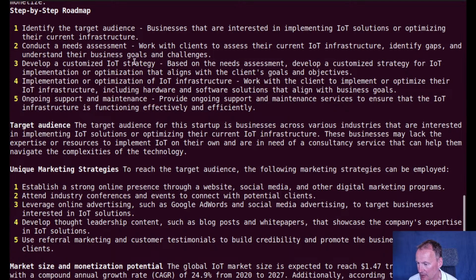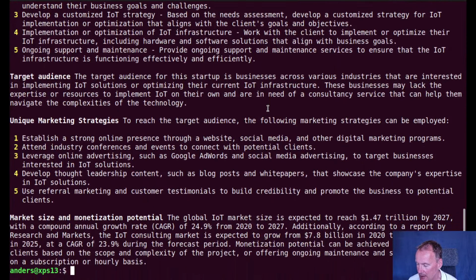Develop customized IT strategy. I would have to say that this is quite basic stuff, or more, it's a generic answer, not really that targeted spearhead answer that I'm more hoping for and trying to get. Maybe my prompts need to be a bit more targeted.